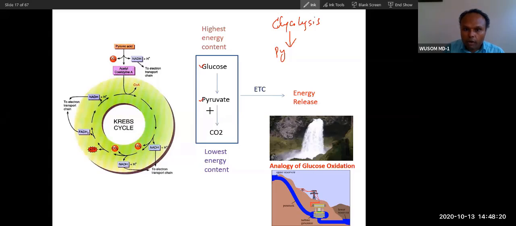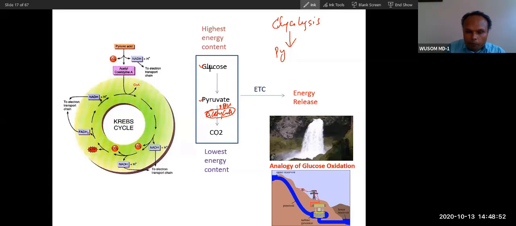We have already done how pyruvate converts into acetyl coenzyme A. The enzyme is called pyruvate dehydrogenase, through oxidative decarboxylation. Now today we will talk about how this acetyl coenzyme A is converted into CO2.